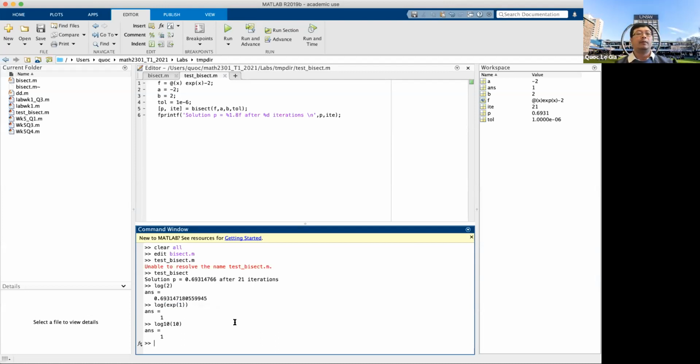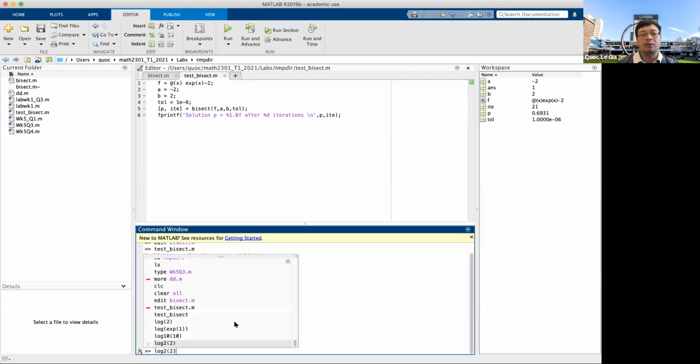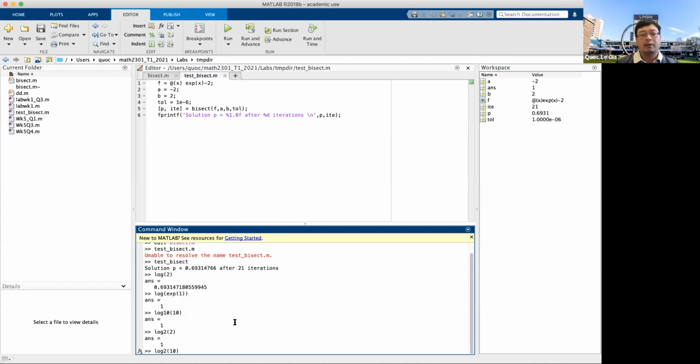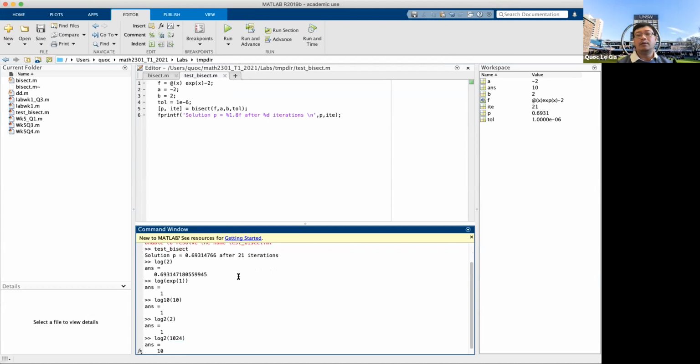And I think it has log2 as well. So log2 of 1024 is 10. Okay. But you see, so this works. And it's very fast, after 21 iterations.